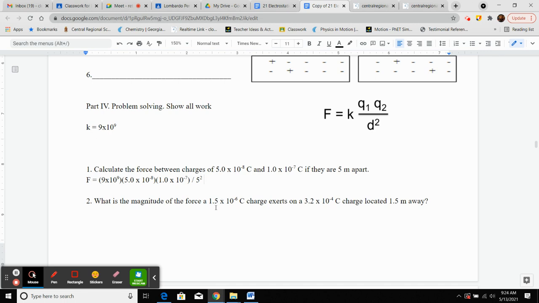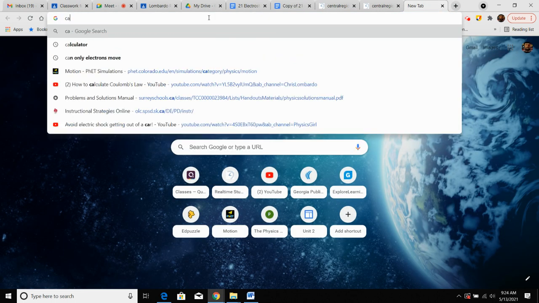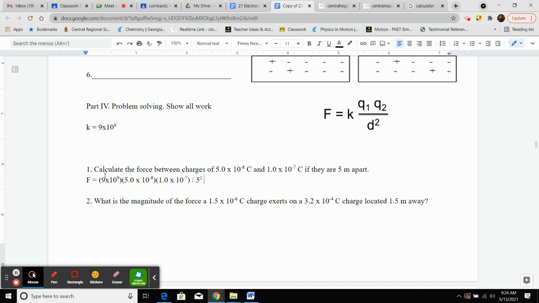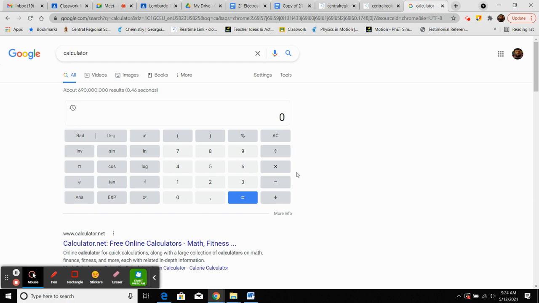Then what am I going to do? Well, then I'm going to open up my calculator tab. Create new tab, and type in calculator. And then I'm going to look at my numbers. 9 times 10 to the 9th, 5 times 10 to the negative 8, 1 times 10 to the negative 7, 5 squared. So I'm going to do 9, times 10 to the, so I have to click on this x to the y. And once I see that little box, then I can type my exponent. To the 9th. All right, good.